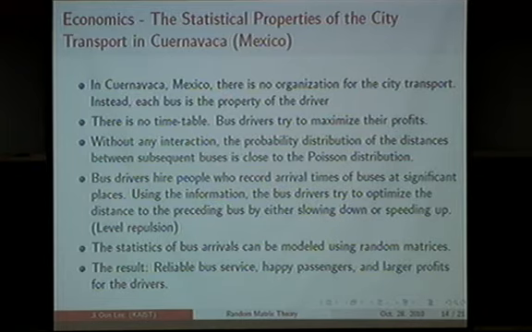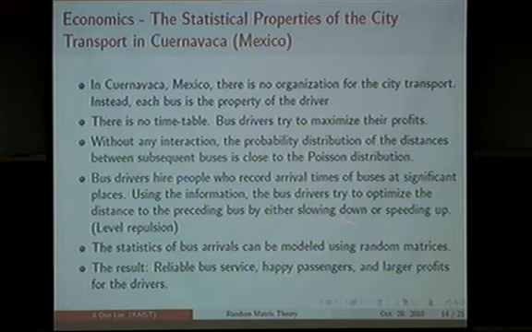If you have a longer distance from the preceding bus, you can get more passengers in your bus, so the profit will be maximized. There are two different ways: one is slowing down, and the second is speeding up. Speeding up means you can pass over the preceding bus, and that can be better in some cases.